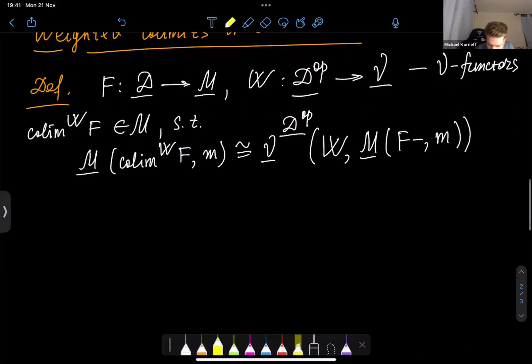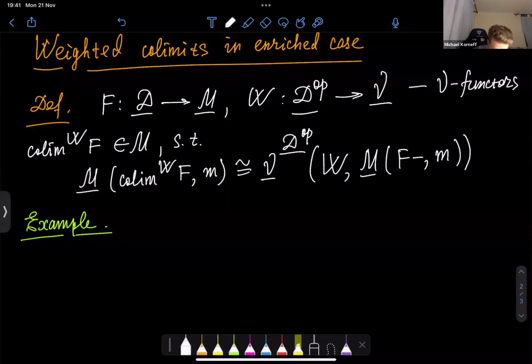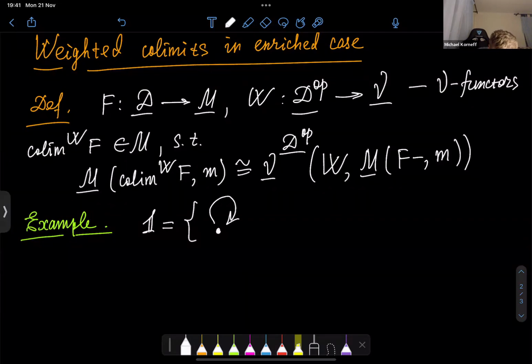Okay, and now consider the following example. Consider this trivial category, which consists of one object and one morphism.